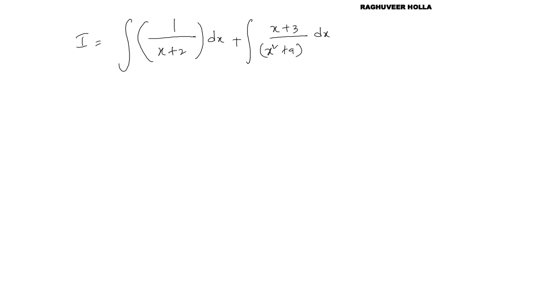So this is log of (x + 2) plus half log (x² + 9) plus tan inverse (x by 3) plus C. So this is the solution.